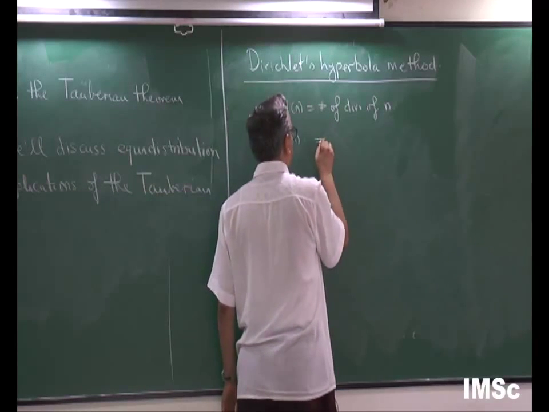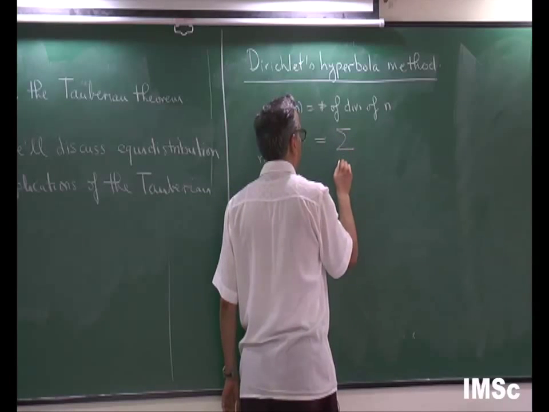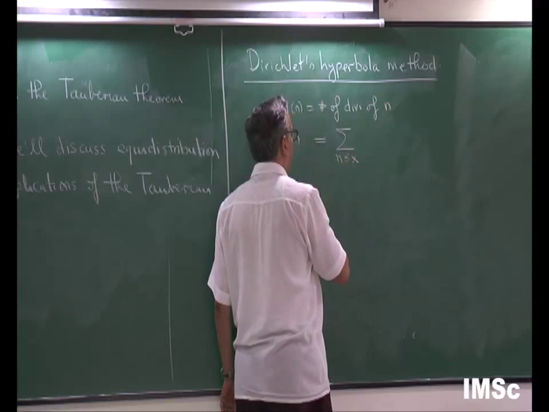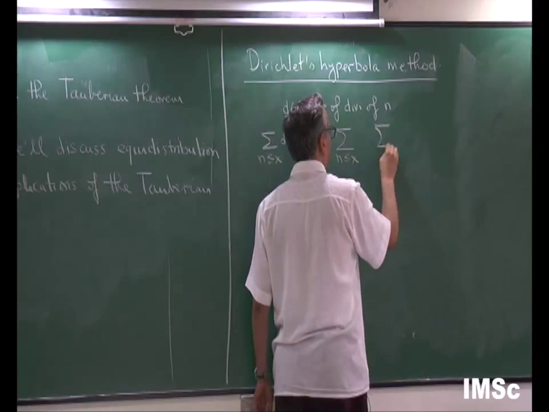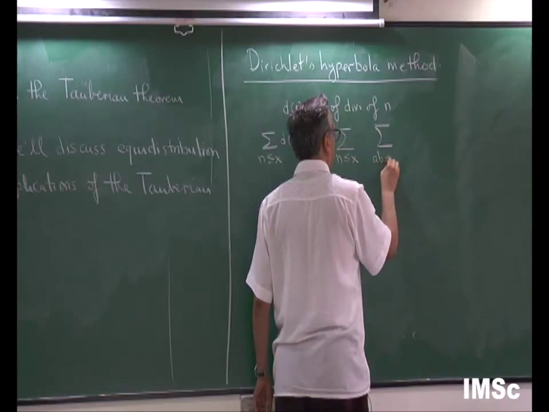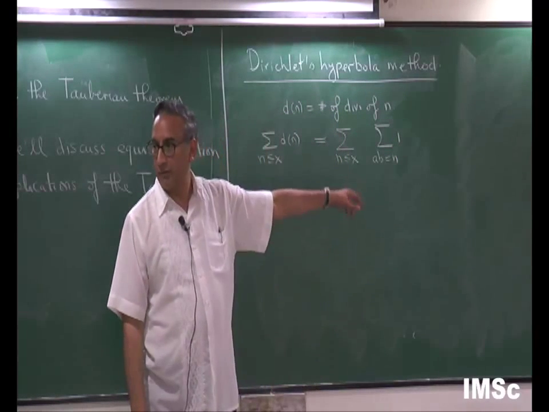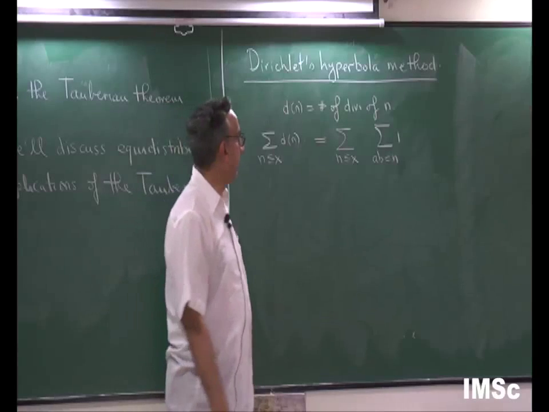And the naive way of proceeding would be to say, well, n is less than x, and I'm trying to count how many factorizations I have of n as a times b, and just count one for each factorization, right? This is the naive way of doing it.